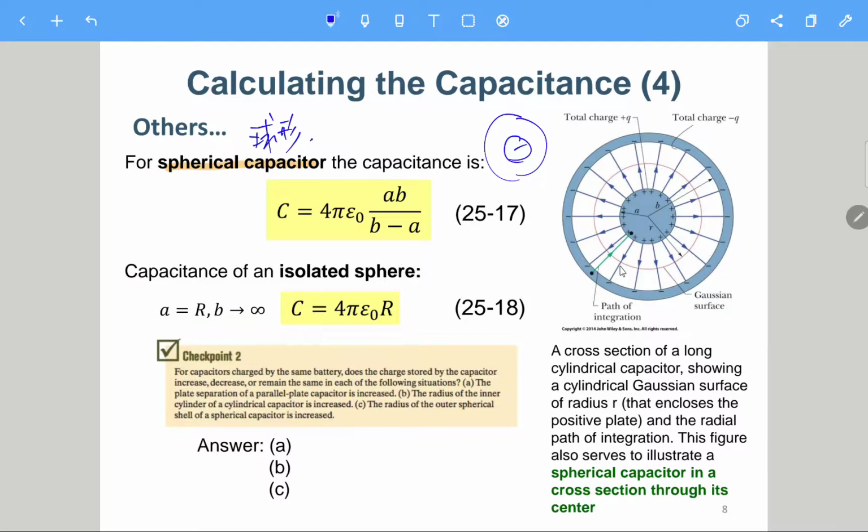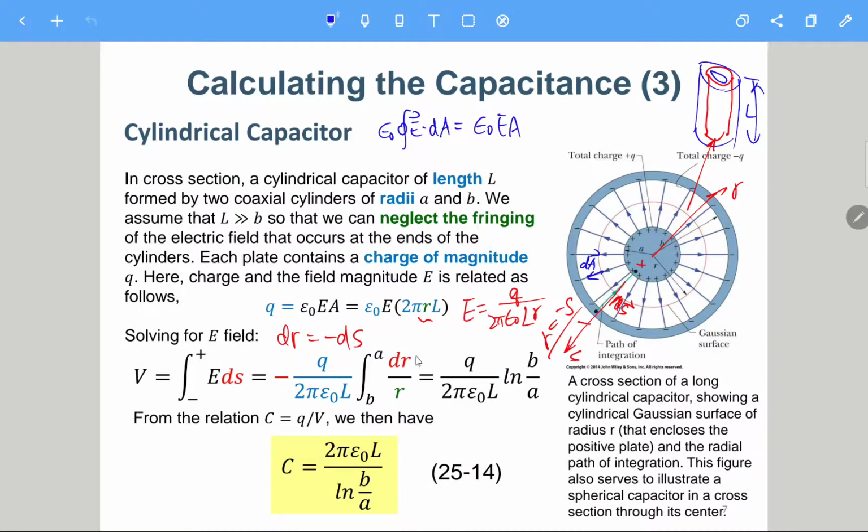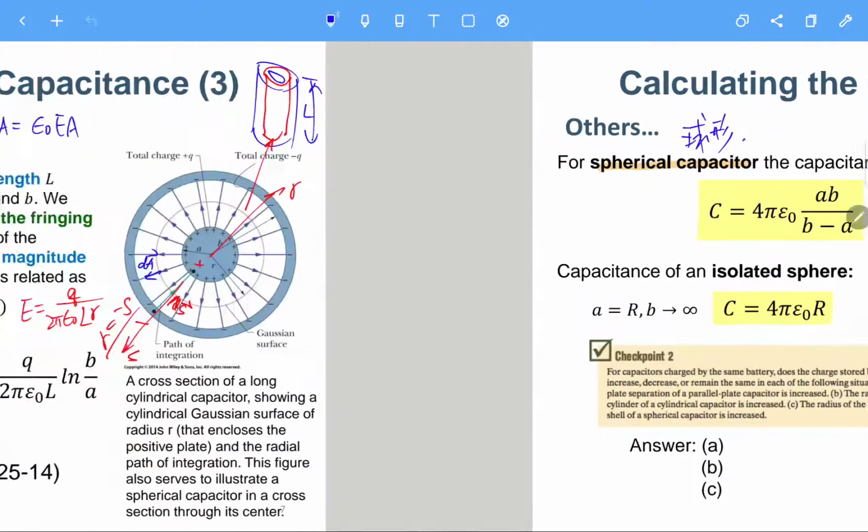So you can also apply the Gauss law like this, but the term may be a little bit different. This may be 4 pi r squared rather than this area, and then we can repeat all the calculation.